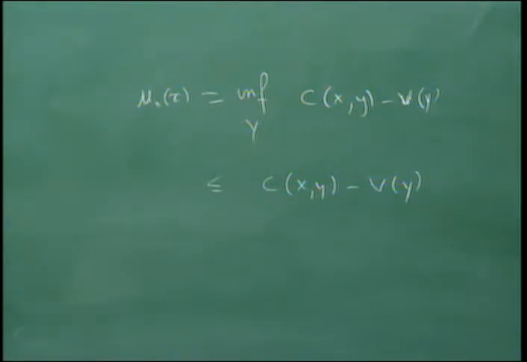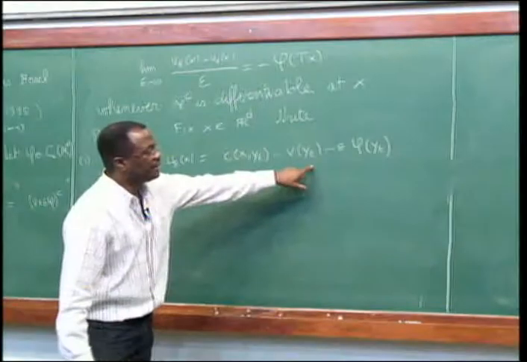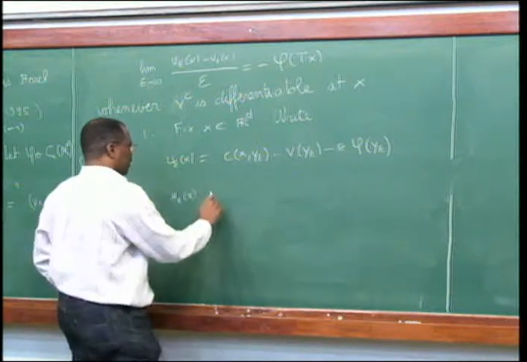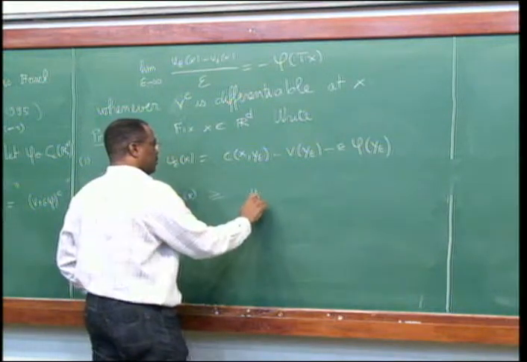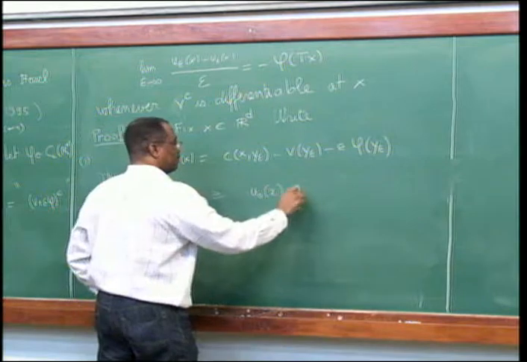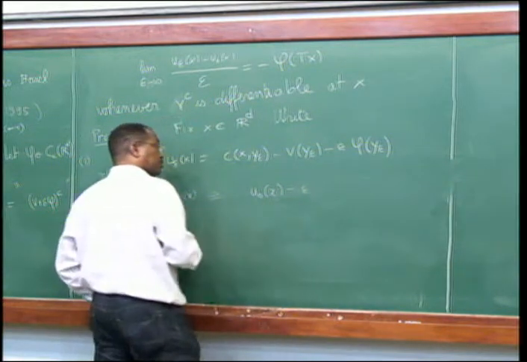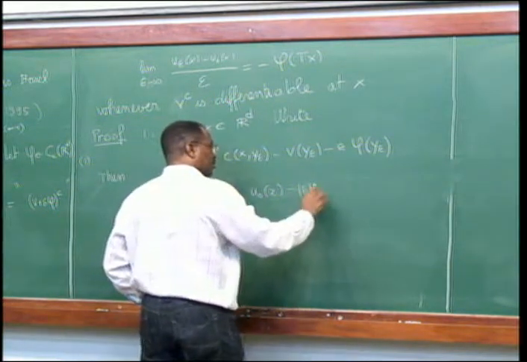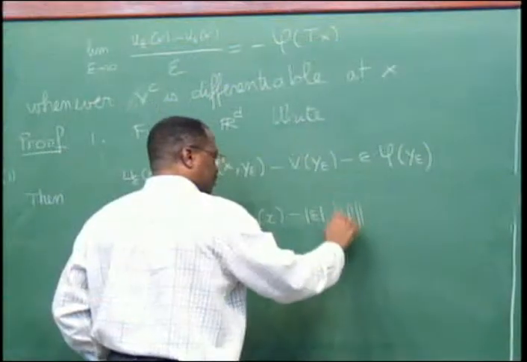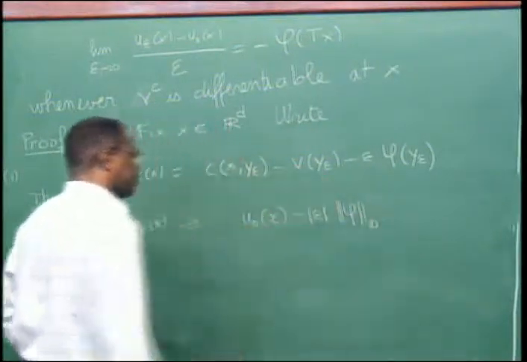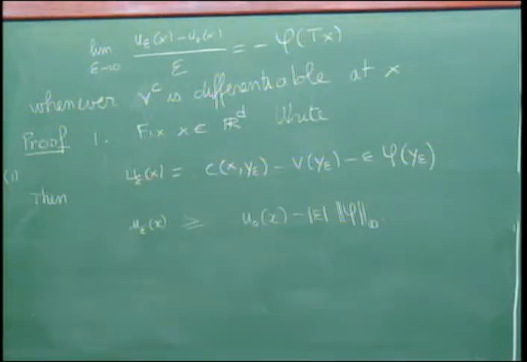So I can write that this is bigger than U0 of x minus epsilon times the L infinity norm of phi. Call that 2.